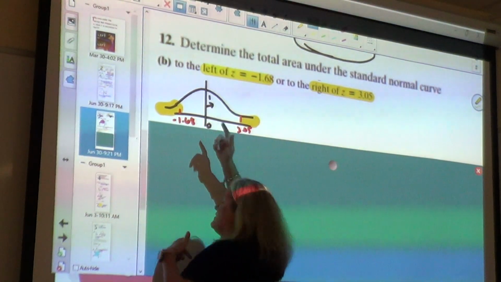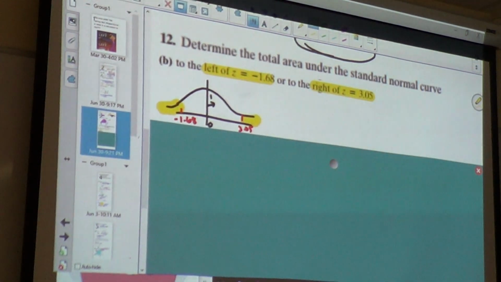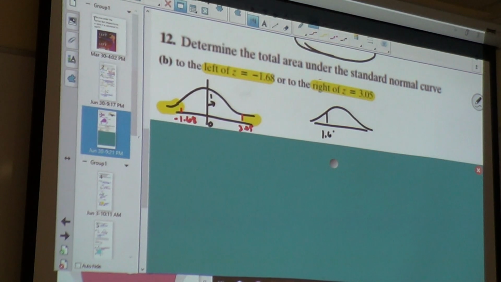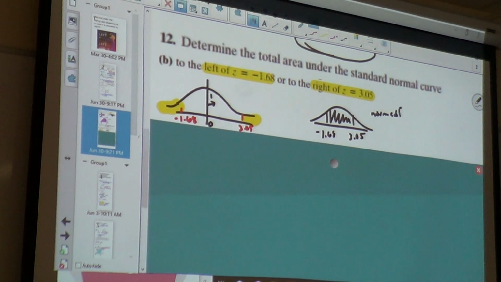That's where I did the between, and then that's where I got the funky answer. So you could do it as negative 1.68 and 3.05, and you could do the between. So you could do a normal CDF of negative 1.68, comma 3.05, comma 0, comma 1. And then when you got that answer, you would do 1 minus, because you don't want this, you want that. You could do it that way.